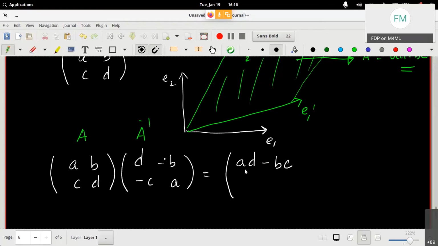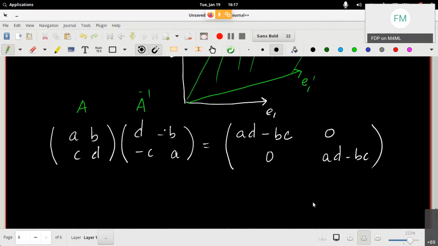So you got AD minus BC, and then when you try to do a dot product of this one and this one, AD minus AD goes to 0, and again CD minus CD goes to 0, and then we get AD minus BC.